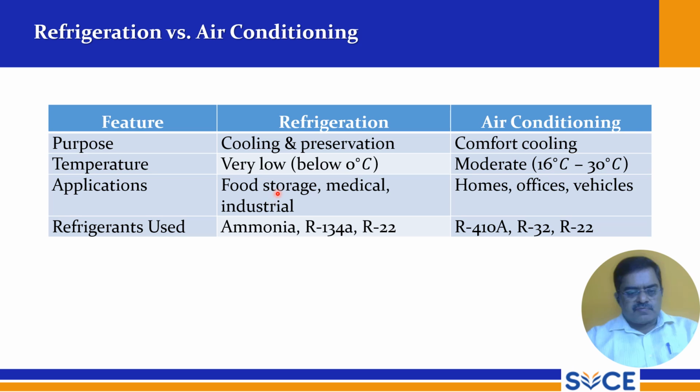The applications: food storage, medical, industrial, whereas homes, offices and vehicles. Refrigerants are ammonia, R134A, R22. Here in air conditioning, R410A, R32 and R22. So these are the refrigerants. It is a very small comparison I have done here.